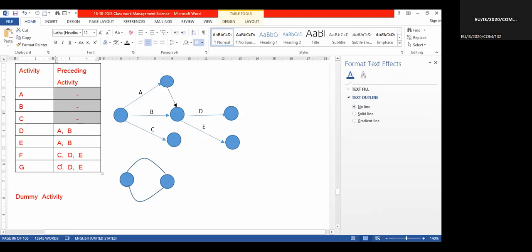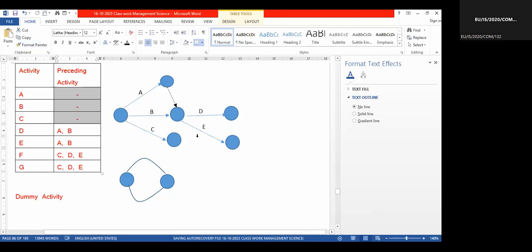Now you see that C, D, E, we have to start G. That means after completing activity C, D, E, G also starts.